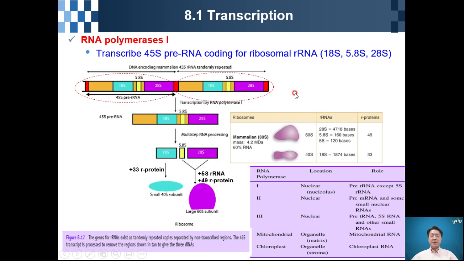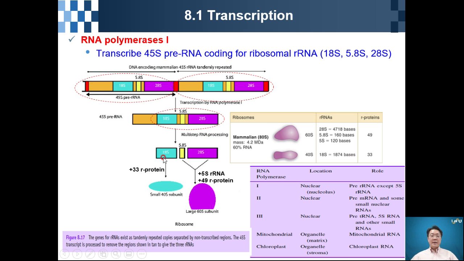This unit, this unit, this unit, maybe 1,000 times this unit is repeated. RNA polymerase 1 transcribes each unit, so they will make the 45S pre-rRNA, which is composed of the 18S rRNA, 5.8S rRNA and 28S rRNA. After that, multi-step RNA processing happens.